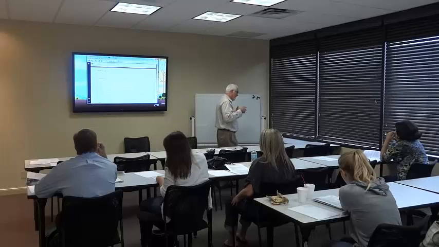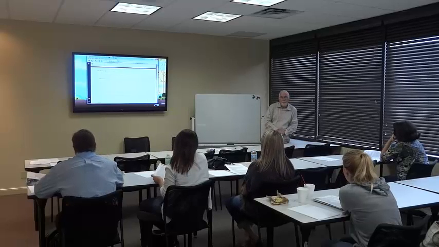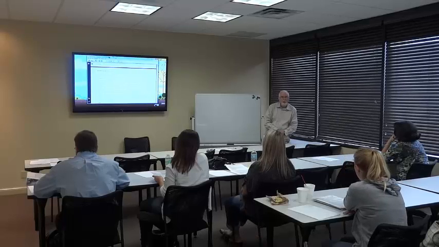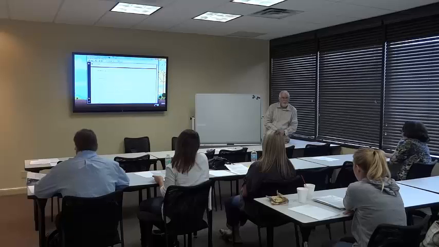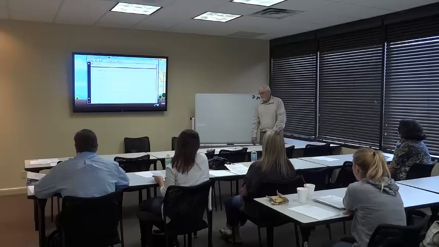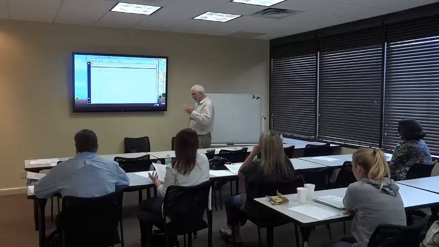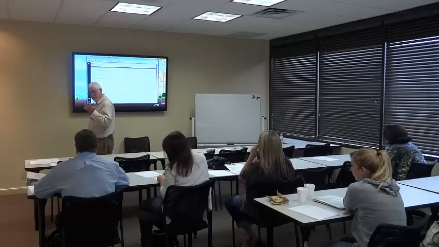Now, is this applicable to all properties? Yes or no? No. What properties is it appropriate for? Residential. What other limitation is here? Year built. If it was built in 1978, would you have to use this?